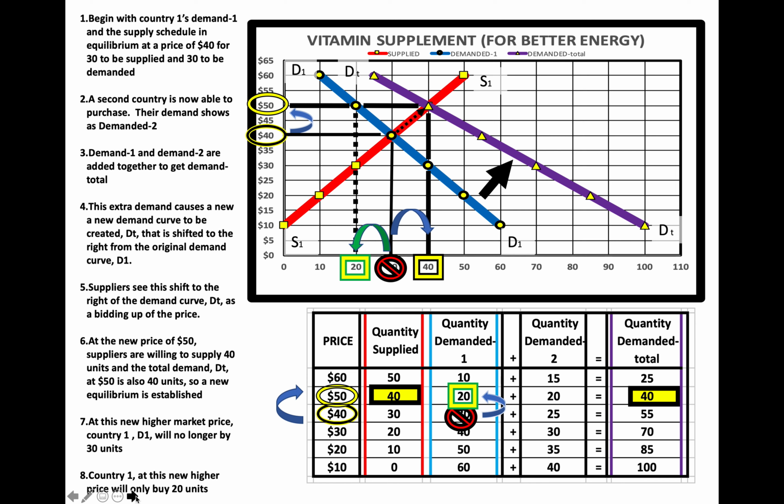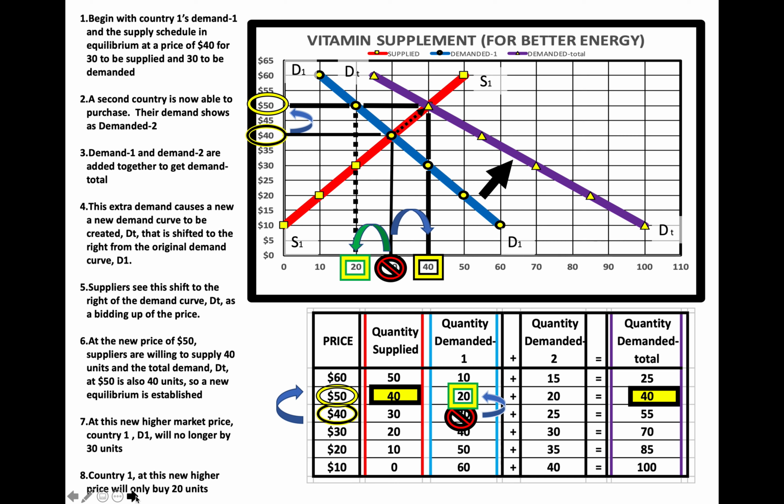So now we had the original demand curve, the blue one at D1, and the combined demand curve at D2, which would be the total demand of both countries. Of course, the individual country supplying this product will see the price bid up again, and at this new higher equilibrium price of $50 instead of $40, they're going to be willing to supply a lot more.